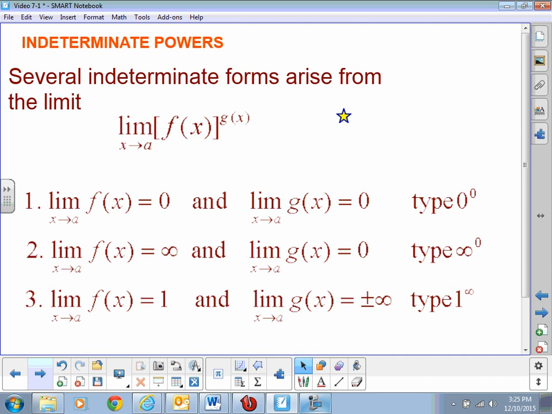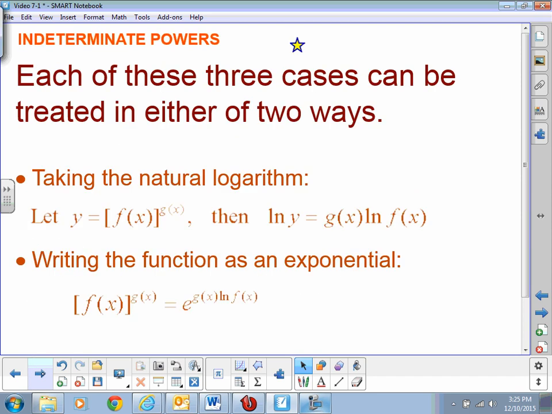To approach those, we will take a natural log of both sides. So if we take natural log of both sides, we can then swing the g of x out front to give us this, that natural log of y is equal to g of x times natural log of f of x.